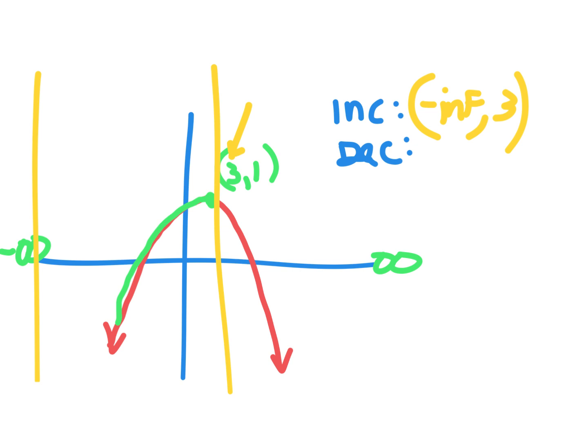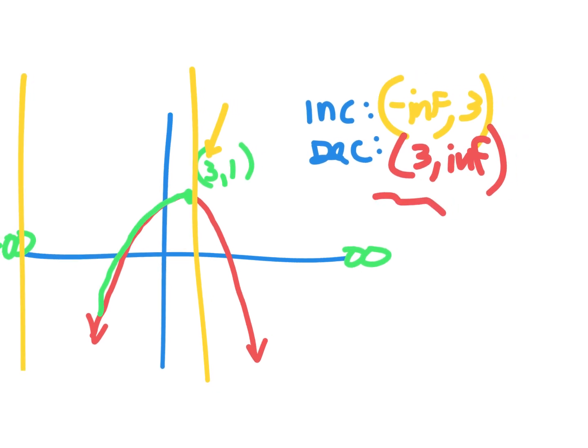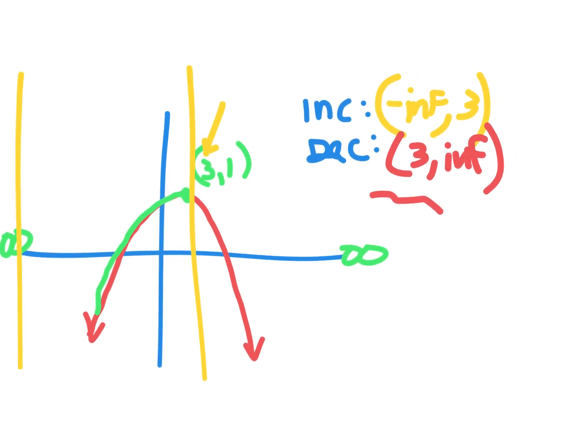Now you've got to stop thinking about brackets on these. It's only ever parentheses and a comma. All right? And then decreasing goes from 3 to infinity. It's all right. You've got to come back with me. All right. So that's increasing, decreasing. Now your next part.